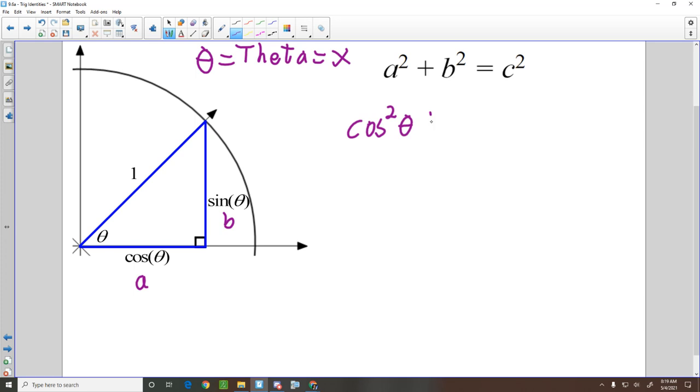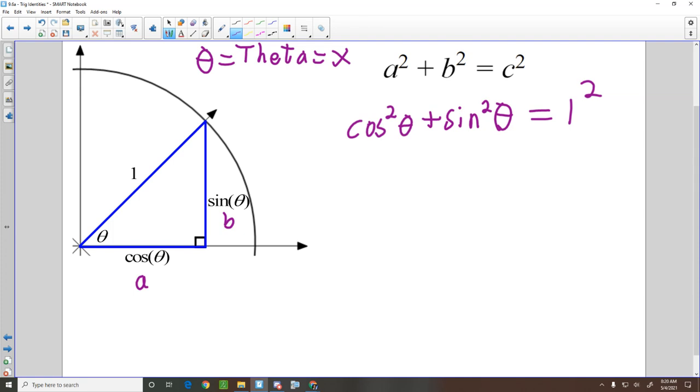So cosine squared of theta plus sine squared of theta equals c squared. Now c was always the hypotenuse. What is the hypotenuse of this triangle? It's just a 1, because that's the radius of the unit circle. It's 1 squared. Do I need to write that squared?